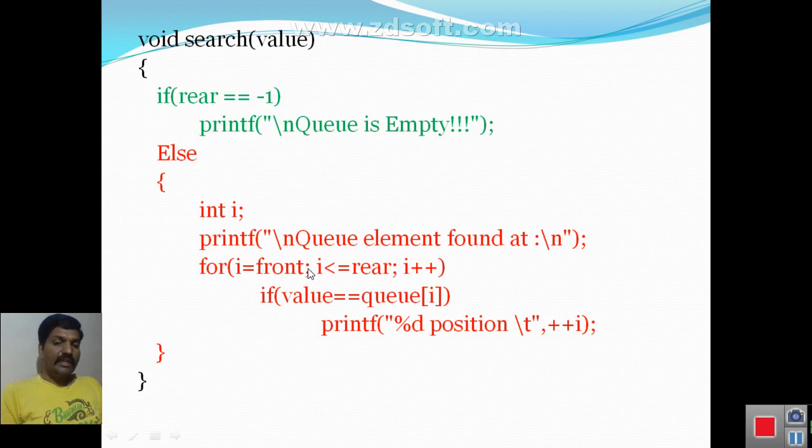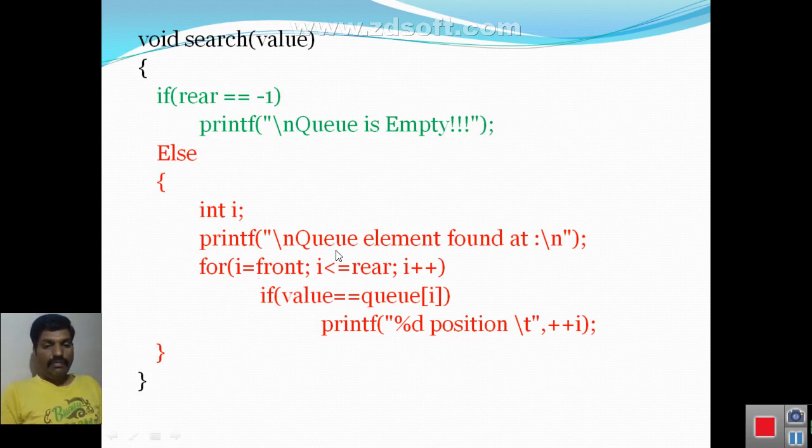From the starting element, i less than or equal to rear. Rear indicates the last element in the queue. So from the starting element to the end element, we search one by one based on the i++. This for loop will generate values from the starting value up to the ending value one after another.